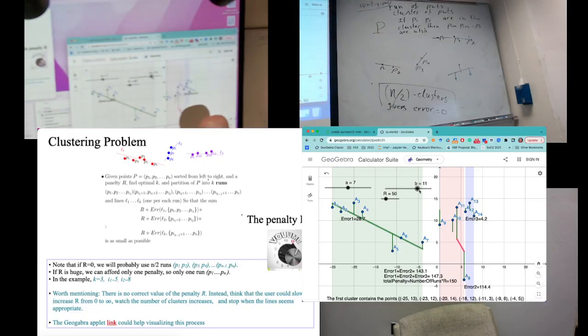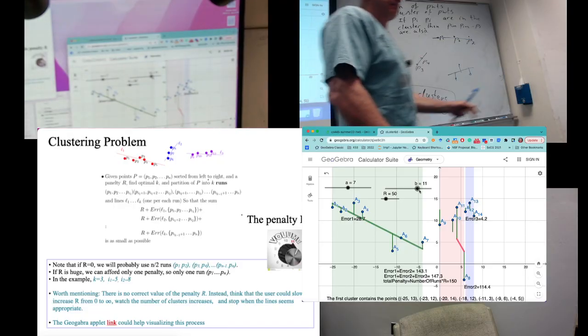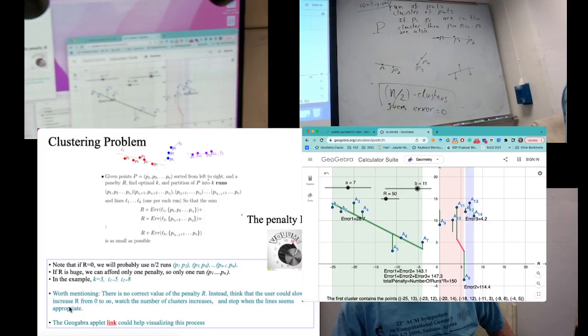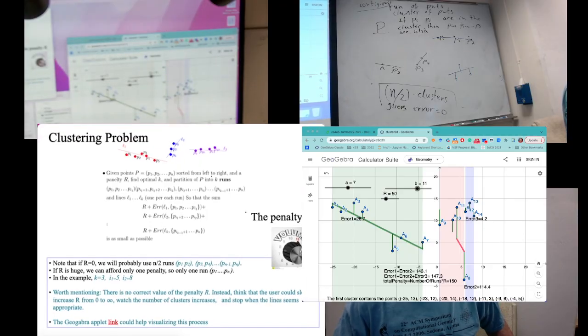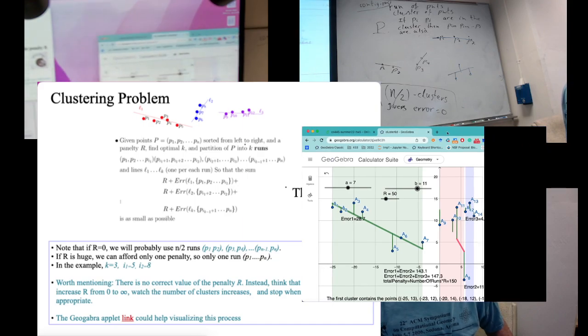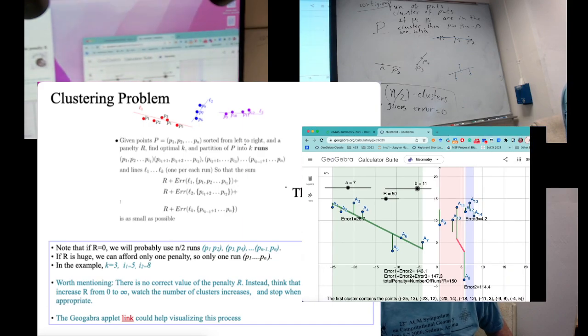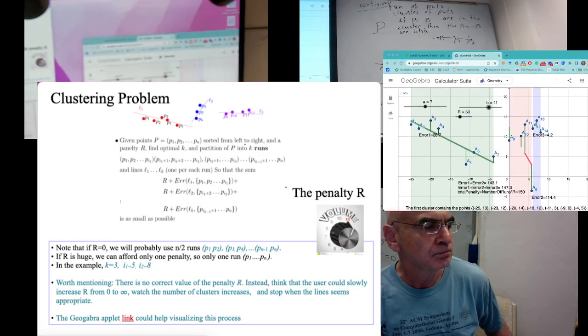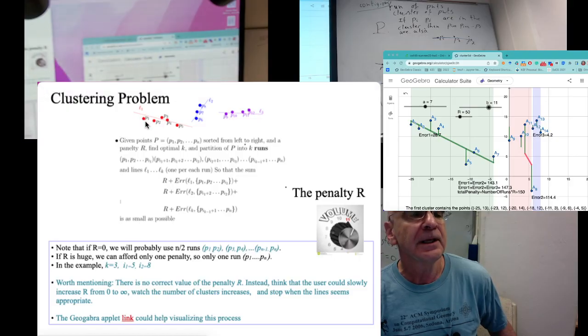If your data looks like the data in the slides, here is a set of red points, here is a set of blue points, here is a set of purple points.